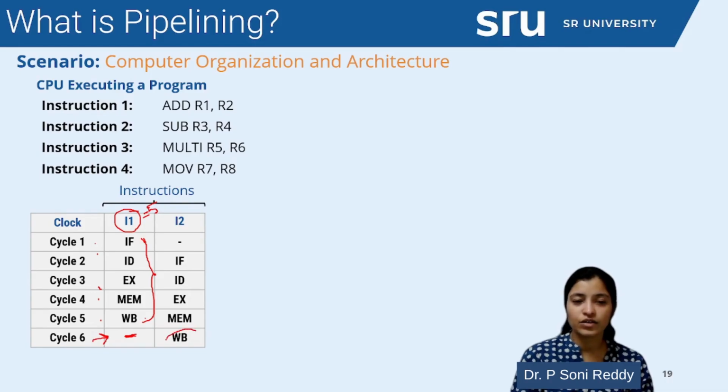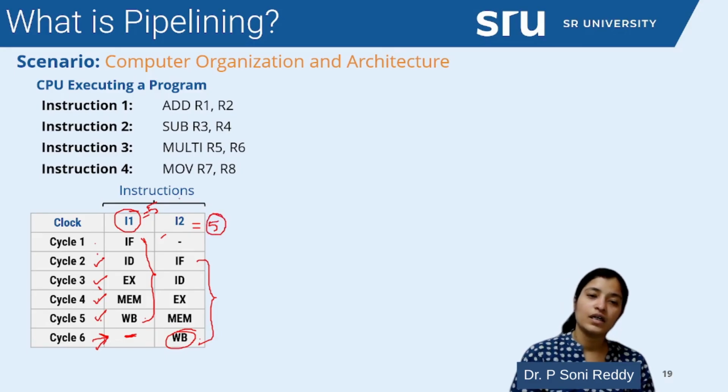And instruction 2 is starting with the write back stage. As soon as the write back stage is completed, instruction 2 will also finish. So for completing the next instruction, how many clock cycles are we using? We are starting from clock cycle number 2, so this is 1, 2, 3, 4 and 5. So each instruction in parallel processing or pipelining is using the same number of clock cycles.